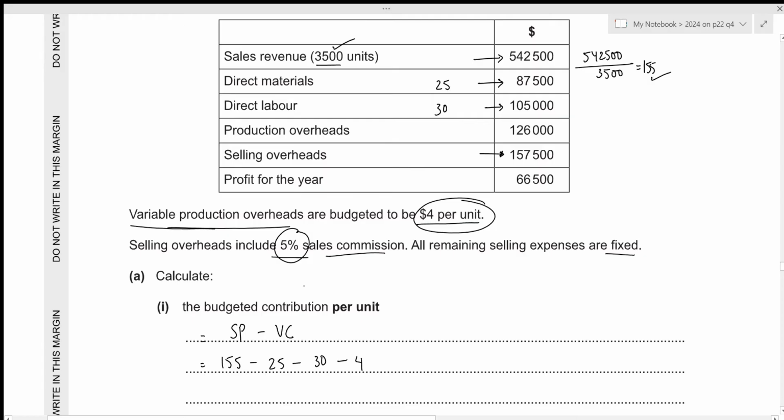And we know that the selling price is 155. So the sales commission per unit will be 155 times 5%, which is 7.75. Alright, this includes all of our variable costs. Now the budgeted contribution per unit is just 155 minus 25 minus 30 minus 4 minus 7.75, which is 88.25.